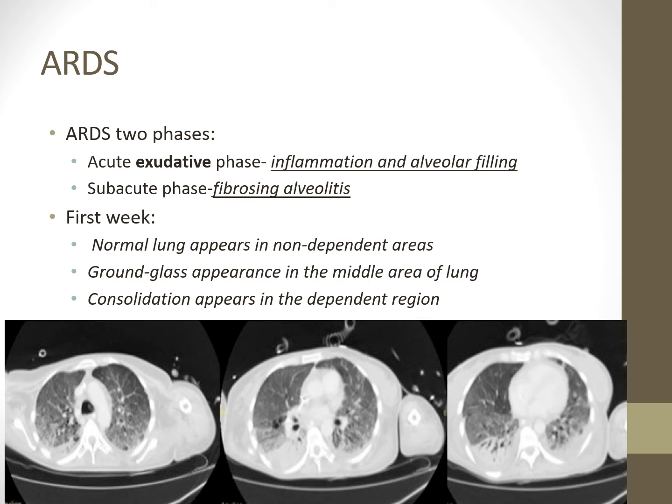The ground glass appearance is in your middle area, and consolidation appears in the dependent area. You're reading this from left to right on your images. Non-dependent would be the anterior or top part, not the posterior. Ground glass is in the middle of the lung, and consolidation is in that bottom part, in the picture on the right side.